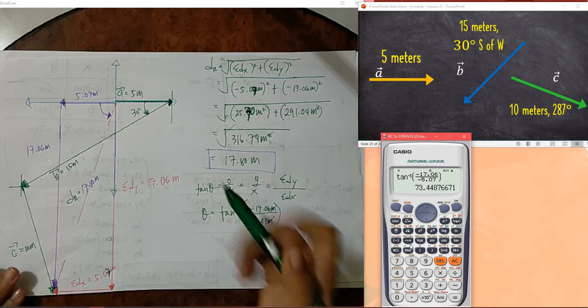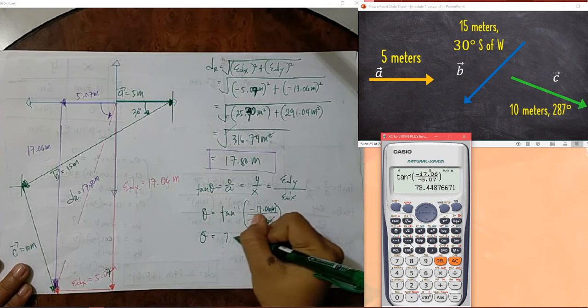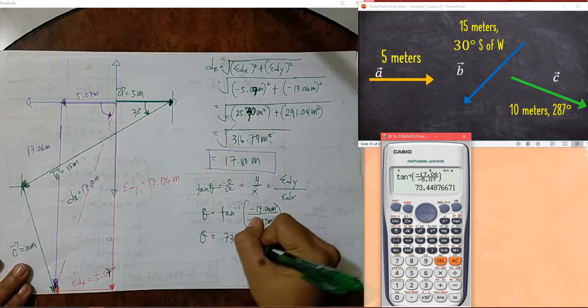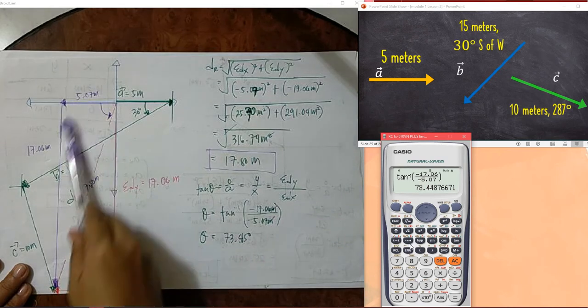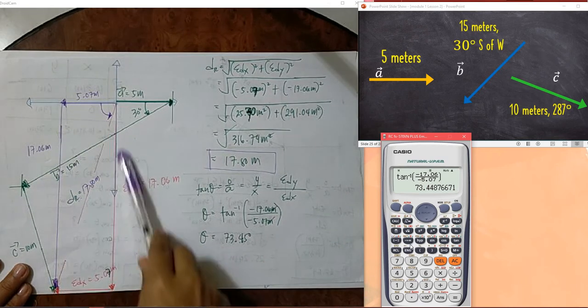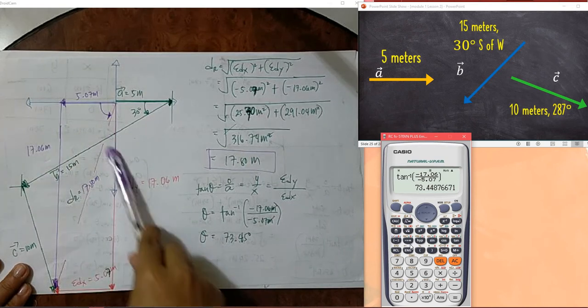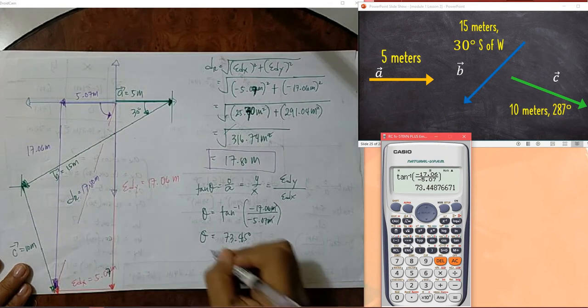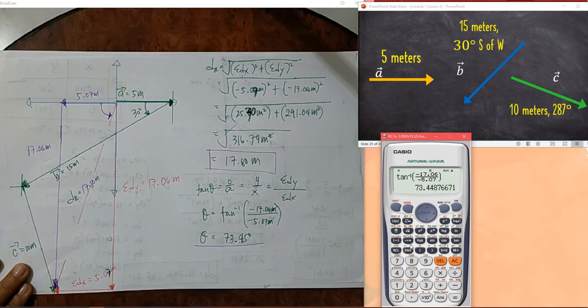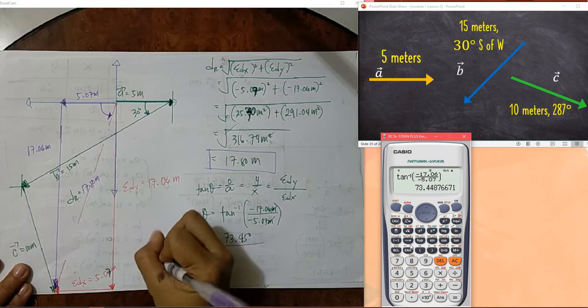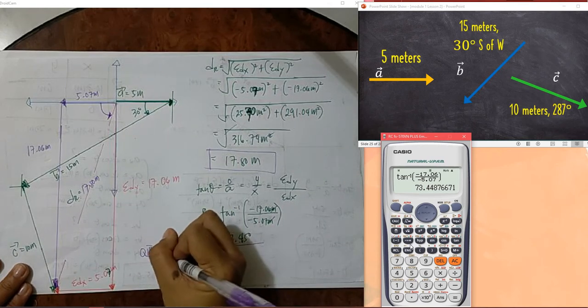So we have our reference angle, which is 73.45 degrees. Take note yung ating vector is located on the third quadrant. And yung ating reference angle is 73.45. Since it is located on the third quadrant, ano ba yung gagawin natin?